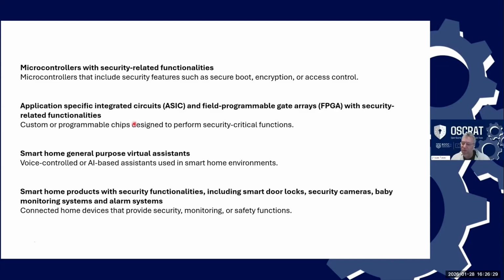These are the chips that you can pre-program. Smart homes, my favorite. Robot cleaners, the bad guy at home. And smart home products. So yeah, the robot is not only a smart home general purpose assistant because you can talk to it, but it can also clean.